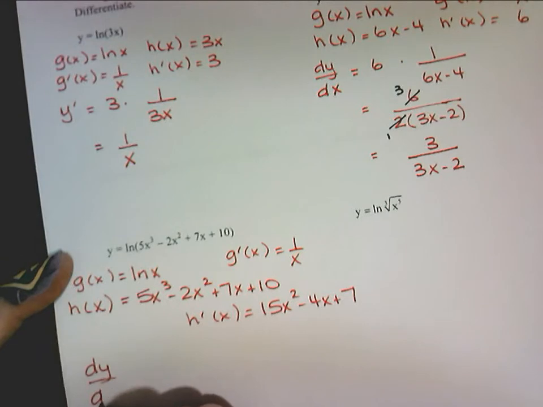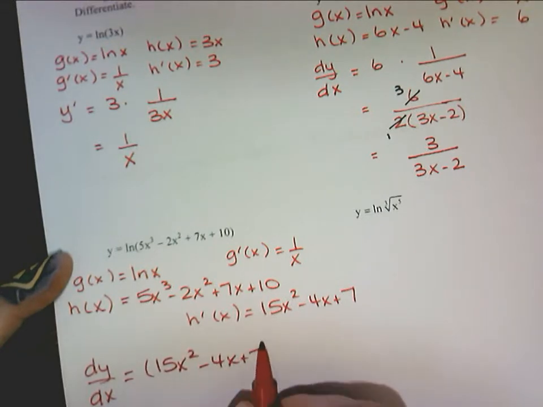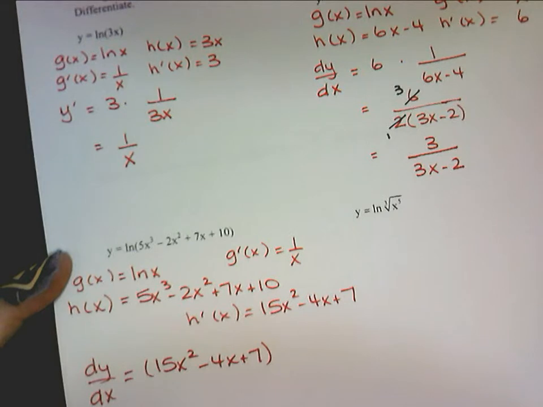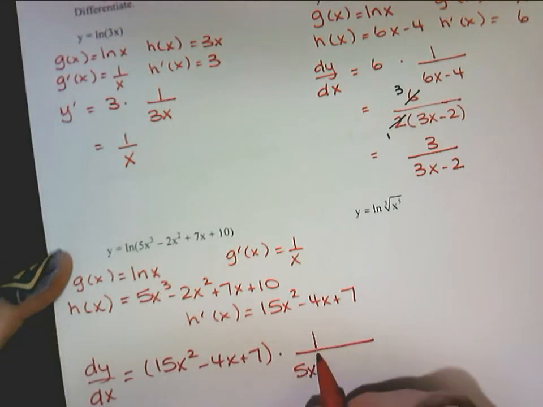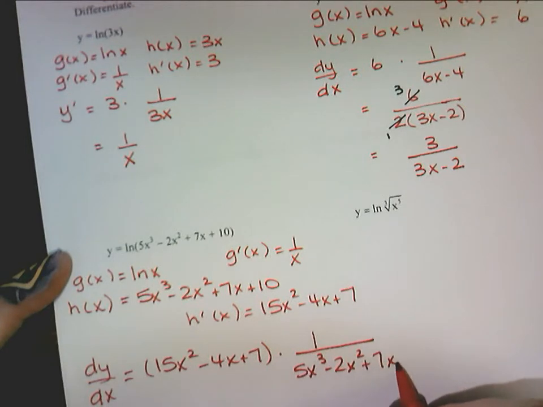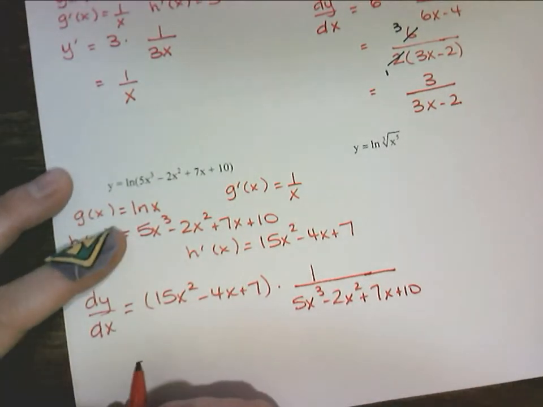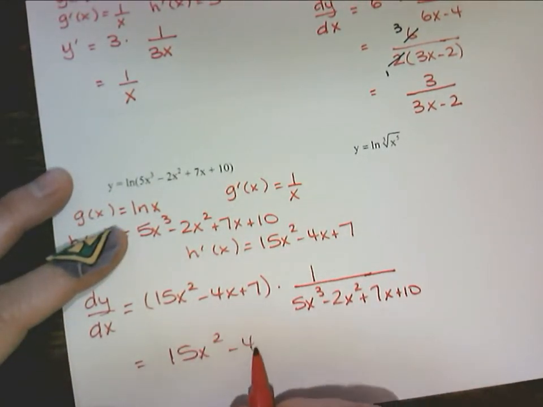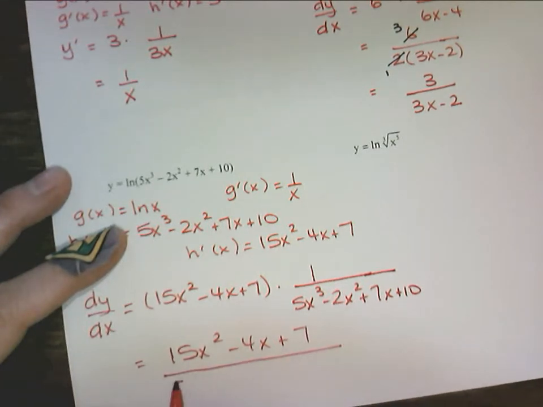So dy by dx is equal to h prime, which is 15x squared minus 4x plus 7, and I'm going to multiply that by g prime of h of x. Well, let's put that all together, and we're left with 15x squared minus 4x plus 7 all over 5x cubed minus 2x squared plus 7x plus 10.